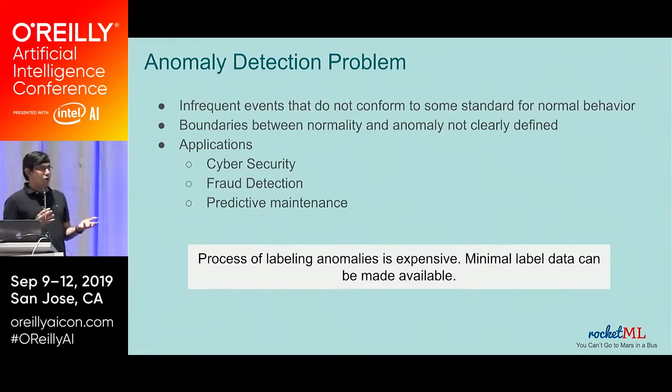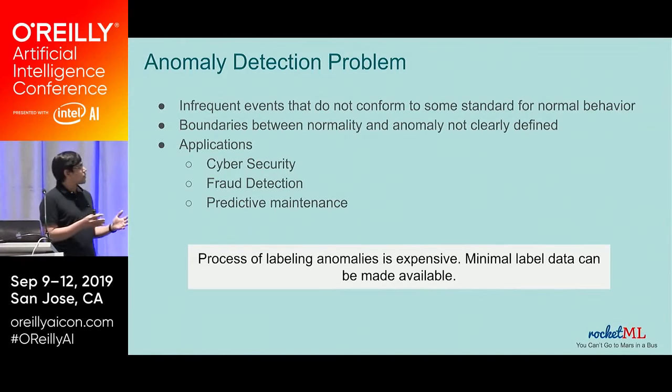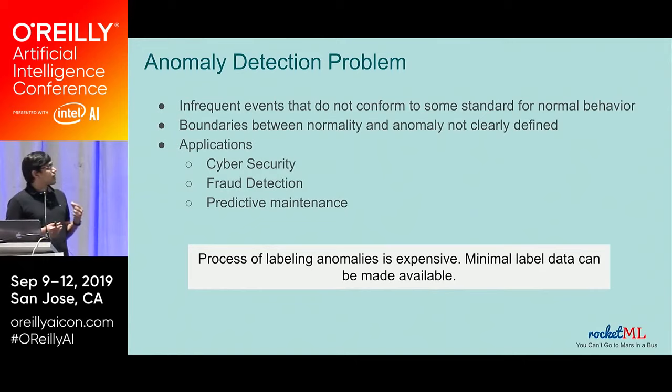There are a lot of applications in cybersecurity, fraud detection, predictive maintenance, and so on and so forth. And this snaps to the problem that we've been talking about, that the process of labeling anomalies itself can be expensive. But there can be very minimal data available to solve this anomaly detection problem. So that's the basic definition of anomaly detection.